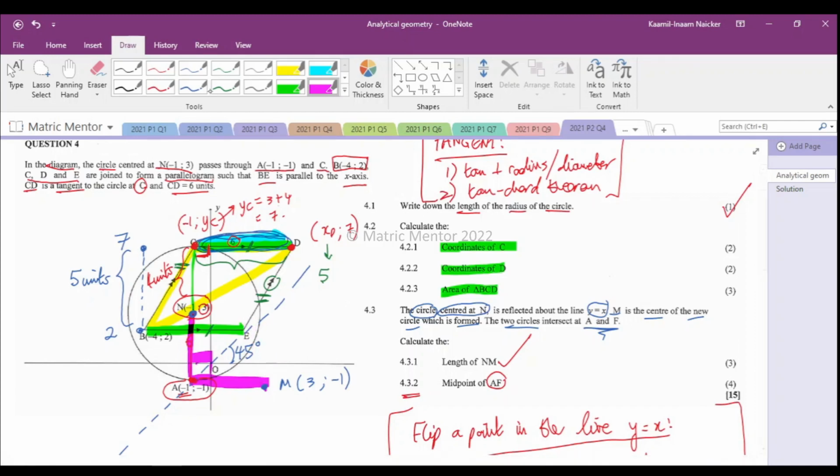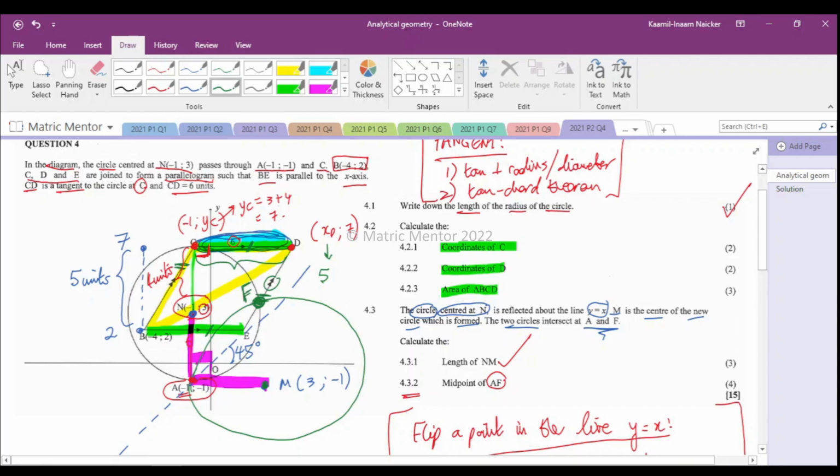Now I'm going to try and redraw the circle as accurately as I can, but please excuse me if I make a mistake. M is the center of the circle, and your circle passes through the point A. It comes around, passes through some other point F, and then comes all the way back down.